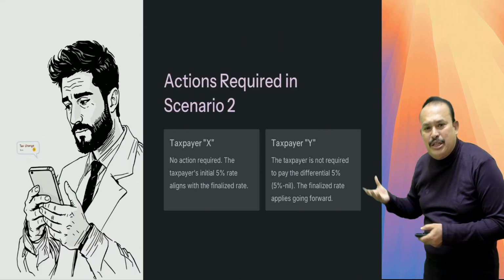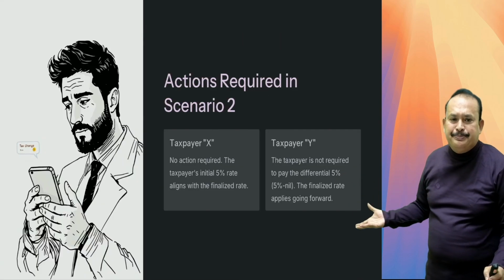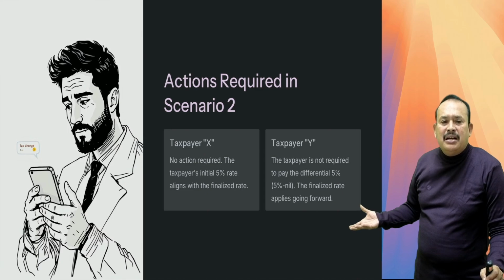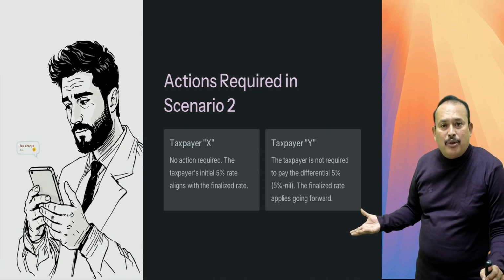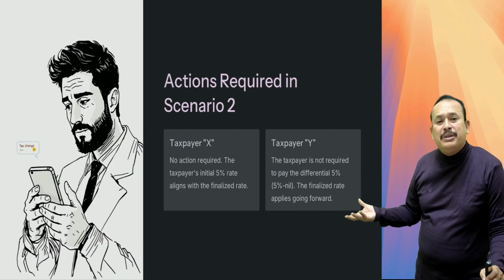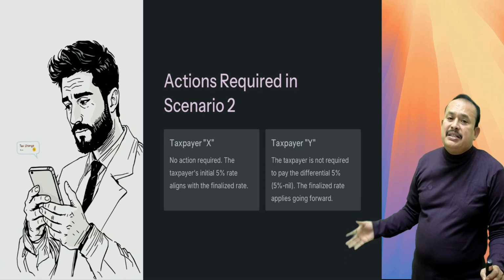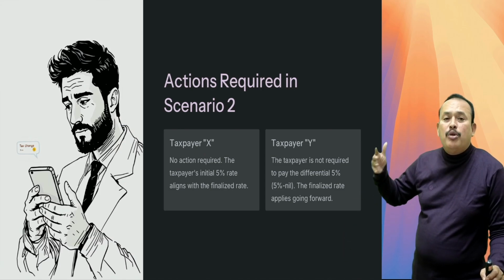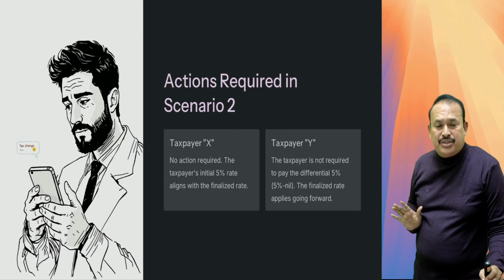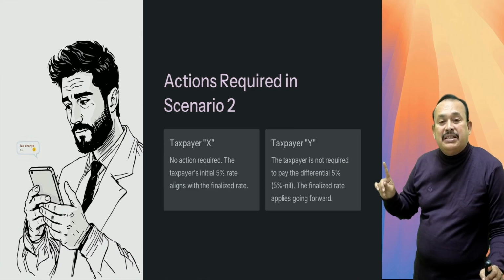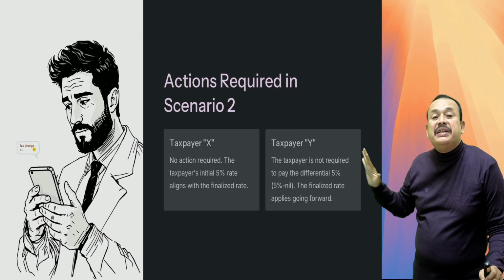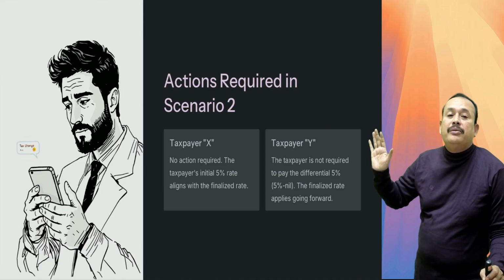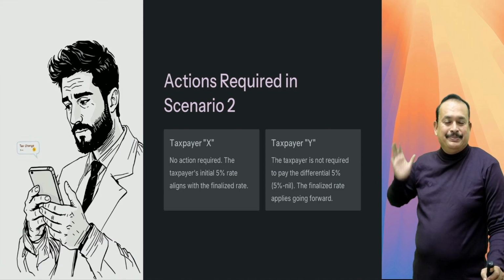The same has been illustrated in the given example. Taxpayer Y is not required to pay the differential amount of GST, because the nil rate of GST is treated as the full amount of tax paid, like Mr. X, because prior to the date of clarification the transaction is frozen on an as-is-where-is basis.